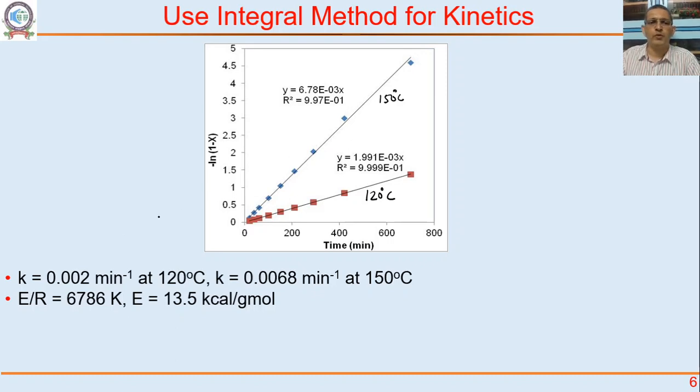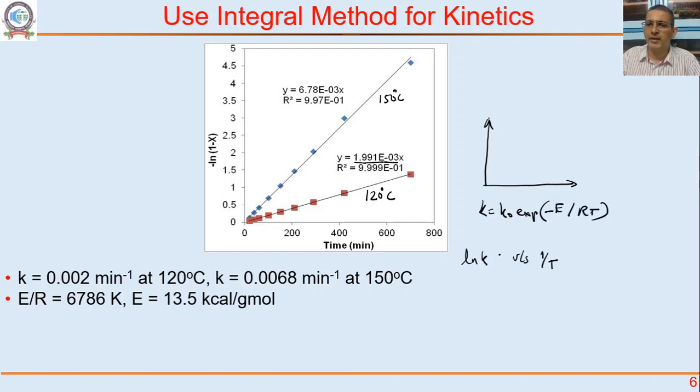So you will get the rate constant as a slope: 0.001991, almost 0.002, and 0.00678, almost 0.0068 minute inverse at the two temperatures. So if you use these two data, plot ln k versus 1 by T. Remember what k is? k is k0 exponent of minus E by RT.